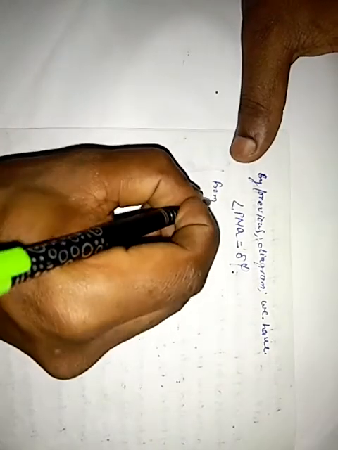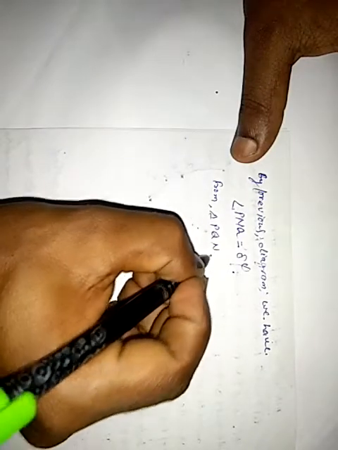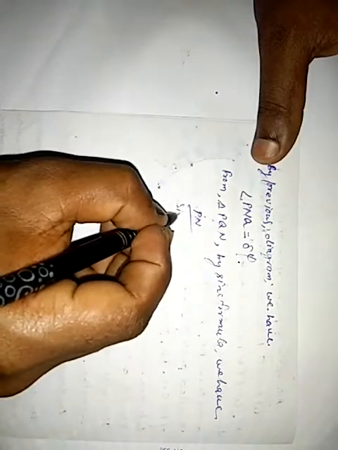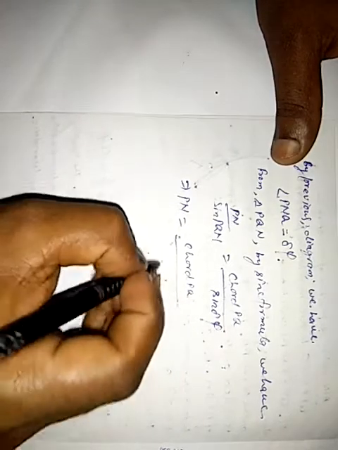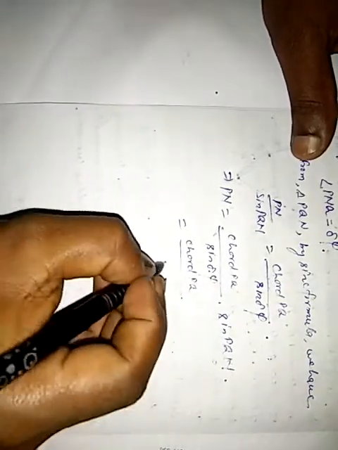From triangle PQN, by the sine formula, PN upon sine PQN is equal to chord PQ upon sine delta psi, which implies that PN is equal to chord PQ upon sine delta psi into sine PQN, which is equal to chord PQ upon delta s into delta s upon delta psi into delta psi upon sine delta psi into sine PQN.